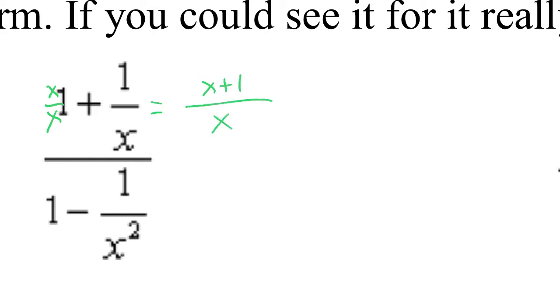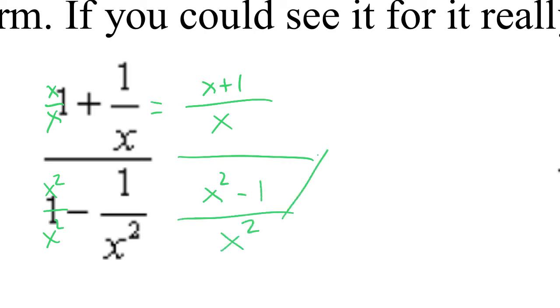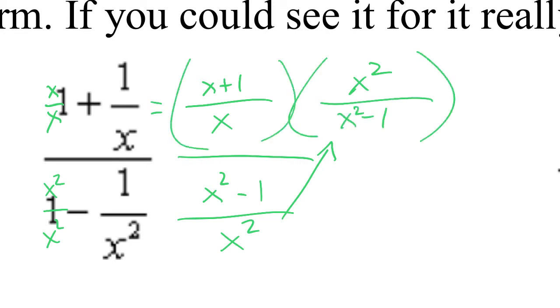Then on bottom, this is missing an x squared, so I need to rewrite it like that. That way the bottom can become x squared minus 1 all over x squared. Now I can take this and flip it. It becomes x squared over x minus 1, squared minus 1, and then I can somehow simplify that and keep going. Now I don't want to do it that way, so I'm going to erase all that.